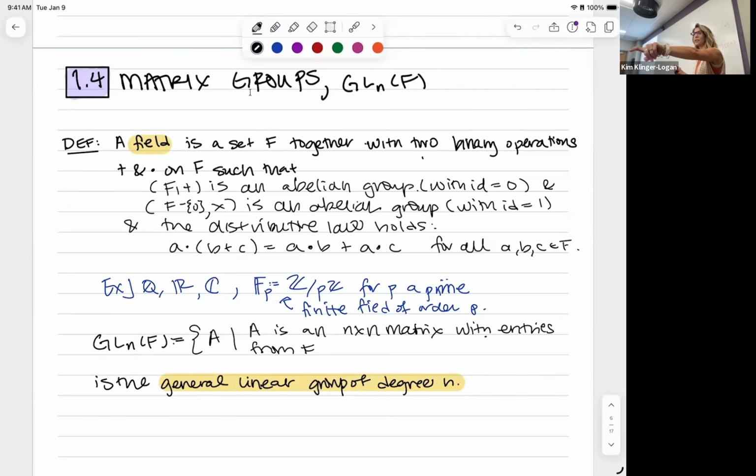Inverses. And that tells me, what do I need? Perfect. I need determinant non-zero. Very good. Perfect. Fabulous. Okay, great. So I need determinant to not be zero because I want to make sure that all of those things are invertible. So this is the general linear group of degree n, and it is a group under matrix multiplication.